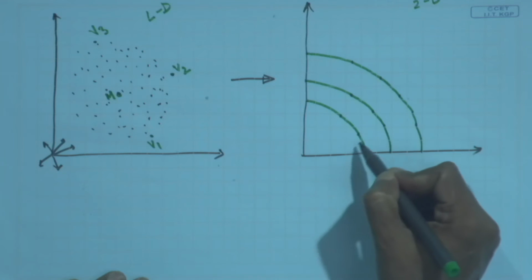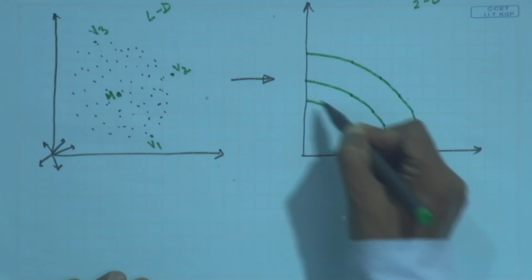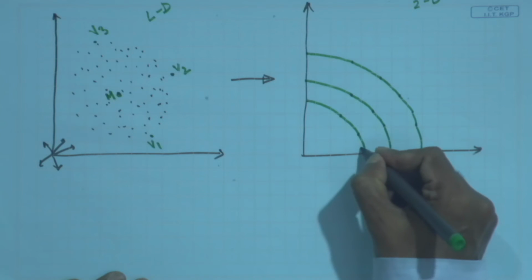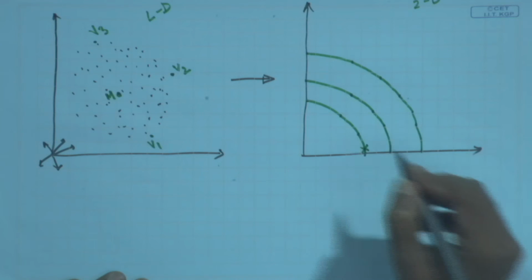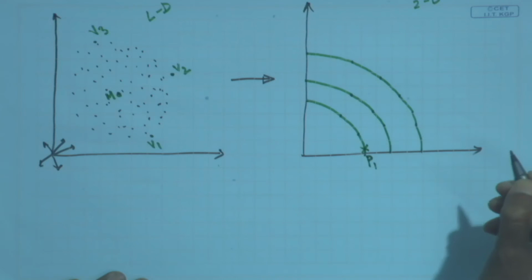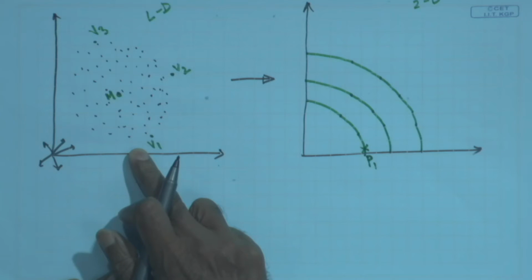Now, we concentrate on the first circular arc. On this particular arc, we have got a large number of points. Any one you can select as a starting point. So, let me consider that this is the starting point. I am denoting it as point P1, the first pivot point corresponding to V1.